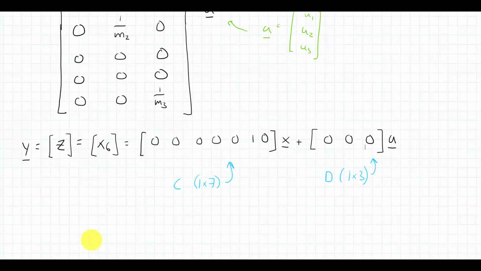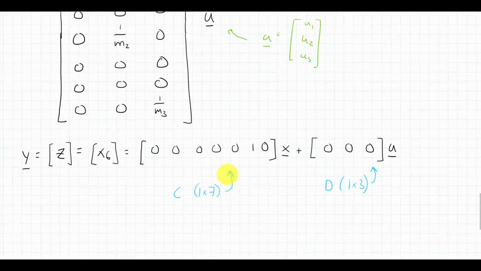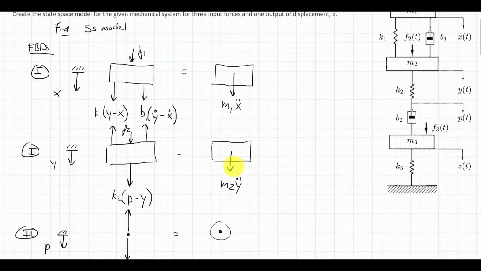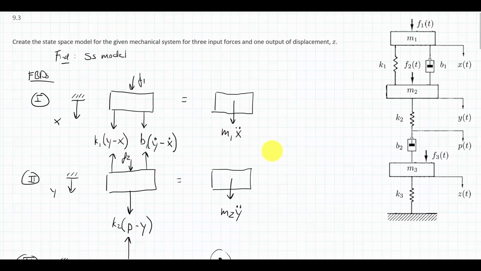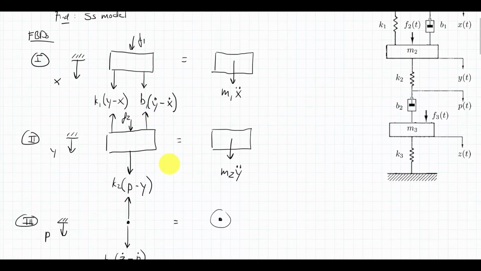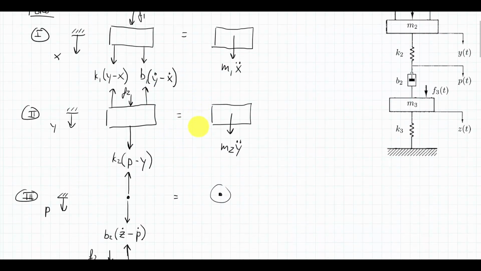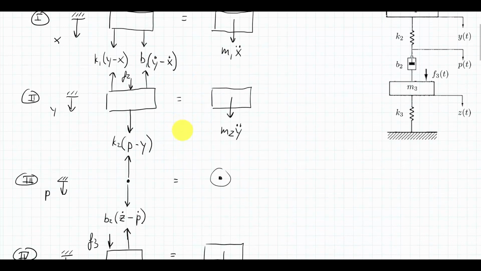So let's review how we got to our complete state space model here. We started with our mechanical system diagram. We saw that we had 4 independent degrees of freedom, x, y, p, and z, that were attached to 3 masses and 1 node, the node at P between spring K2 and damper B2. Each degree of freedom had its own free body diagram that we drew out here, with all of the degrees of freedom attached to it and the inertias.